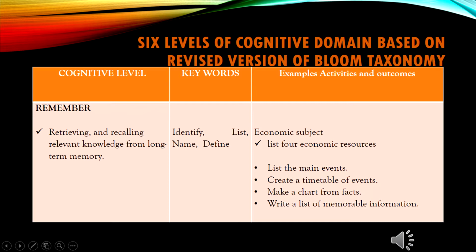For example, in an economy subject, when the teacher gives a lecture in class about economic resources, students should list 4 economic resources. Another example activity: students can list the main events, create a timetable of events, and make a chart of facts.